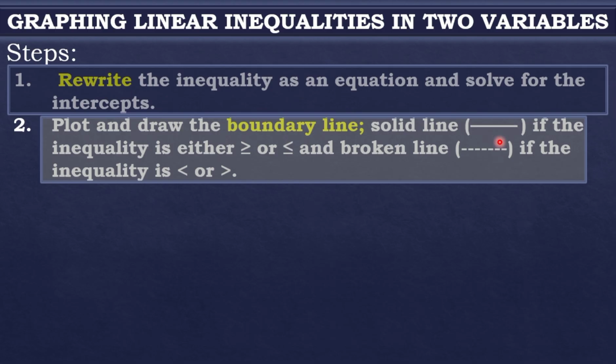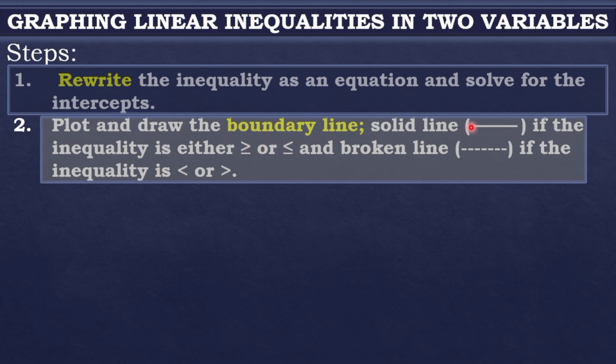So, ito pong boundary line na to, ito po yung magiging sign natin kung yung line ba na yun is part of the solution or part of the graph or hindi. So, kapag solid line, ito tatandaan, pag solid line, dapat may equal sign. So, kapag may equal sign, solid line po ang boundary line natin.